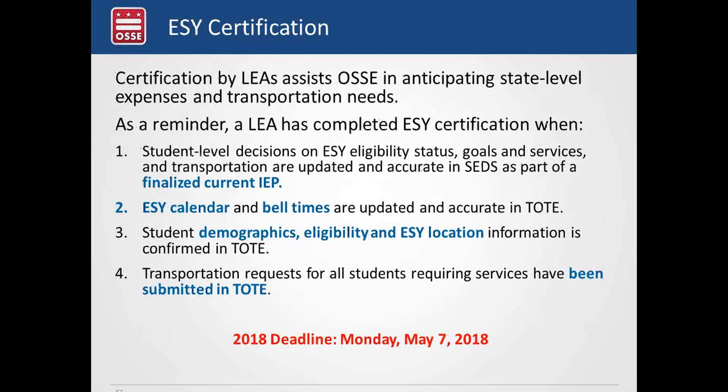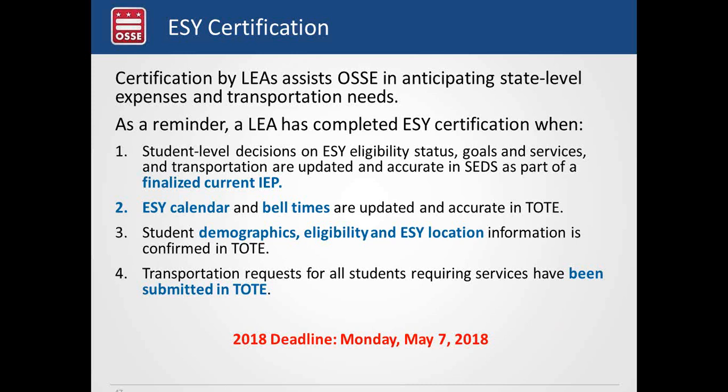So for the next couple of slides, we're just talking about certification. Certification is making sure that any kids that are eligible within your school that are going to have transportation for ESY or SY, have their information in the system updated with the contact information, addresses, and also with submitting your calendar information as well. So that's the main thing.